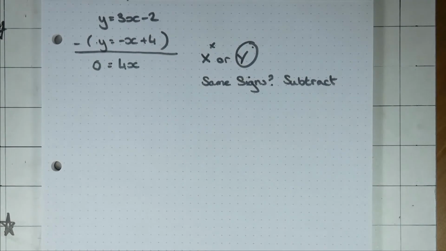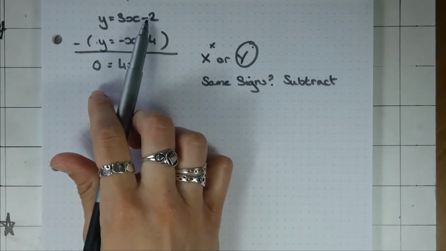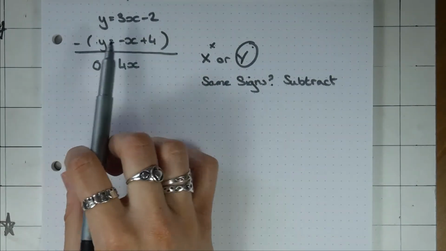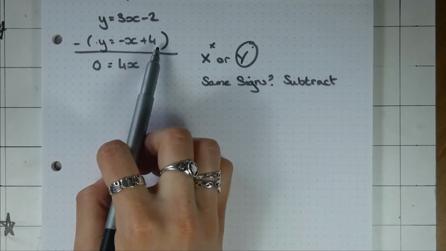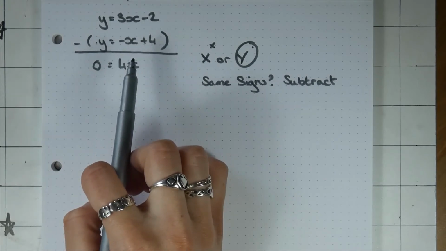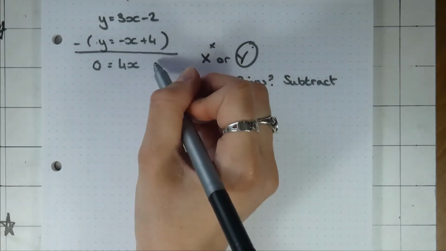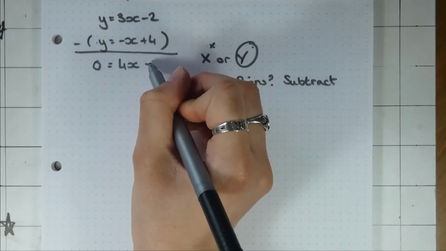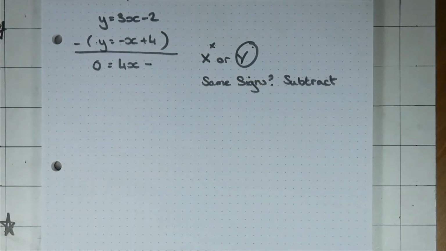So we're going to have 4x. And then we have minus 2 take away 4. And that is going to leave us with minus 6.